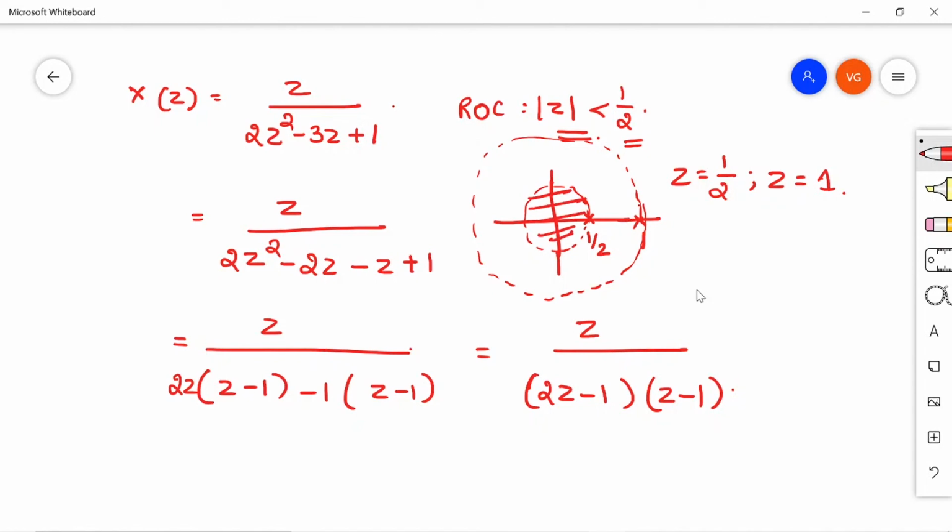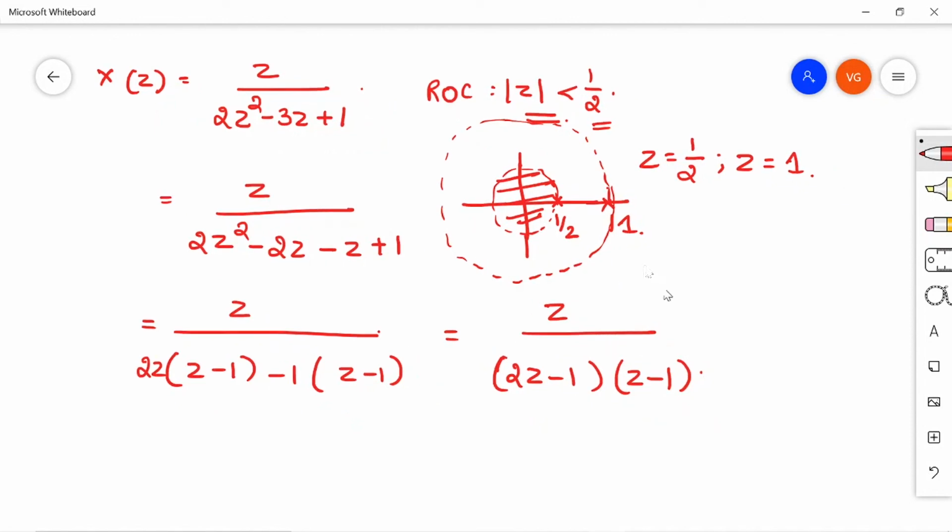So these two poles, z is equal to half and z is equal to 1, are both lying outside the ROC. Means it's a negative time sequence, obviously. So as it's a negative time sequence, in the long division you have to take the quotient having only positive powers of z. Understood, right? All the z powers will be only positive here.